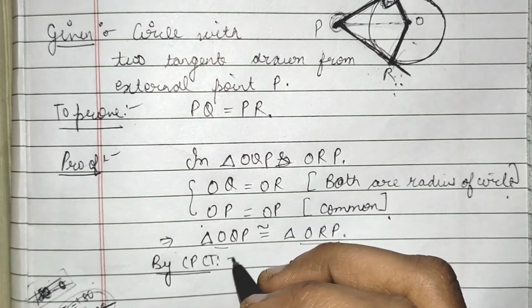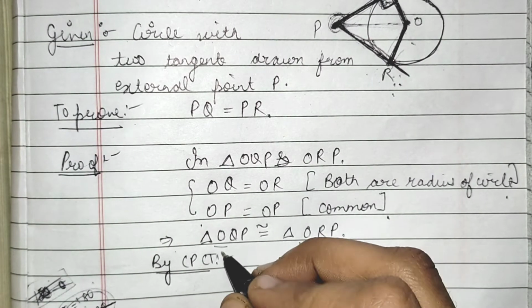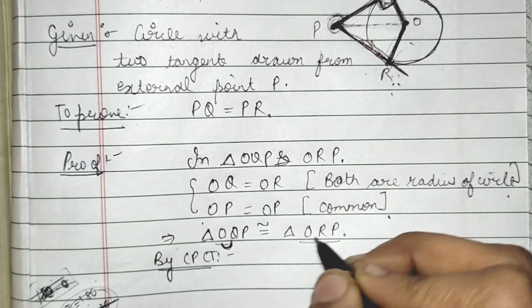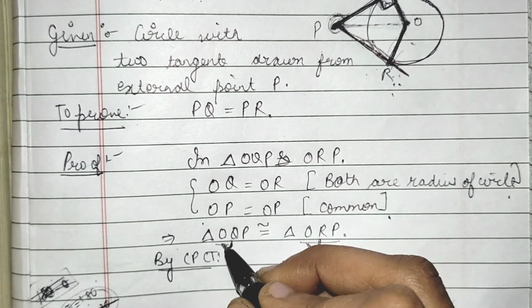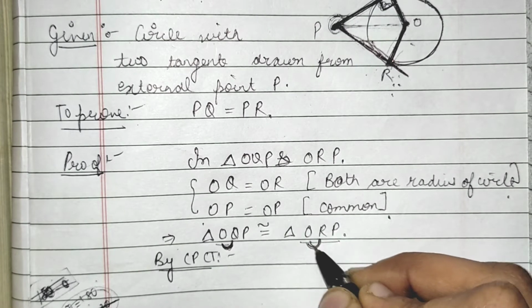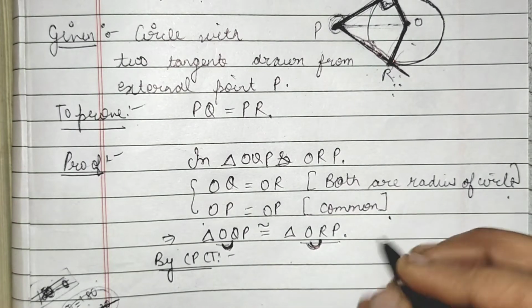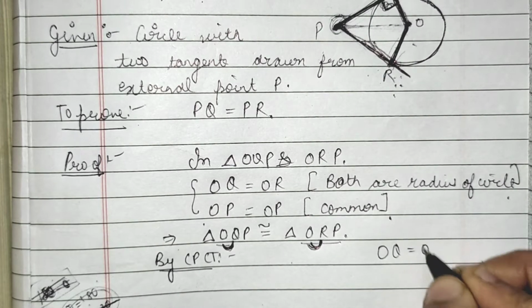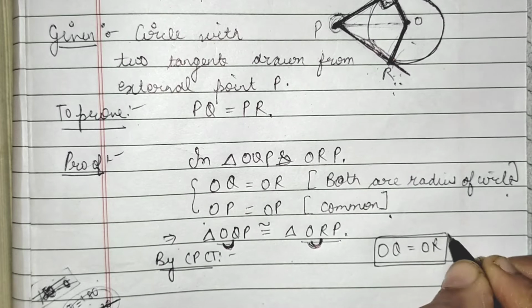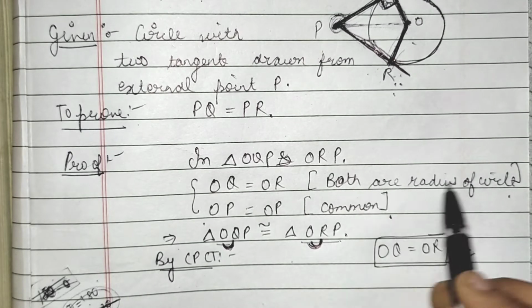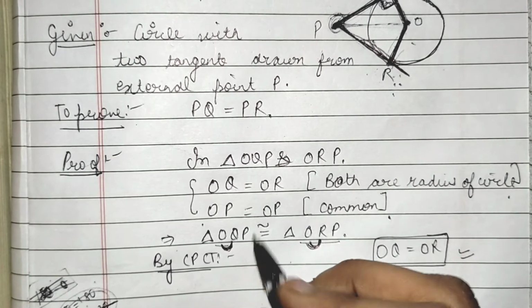Okay, so what does the congruent property say? That the corresponding sides are equal to each other. That means OQ is equal to OR. The first result will be this one, OQ is equal to OR. We already know this result because both are radii of the circle.